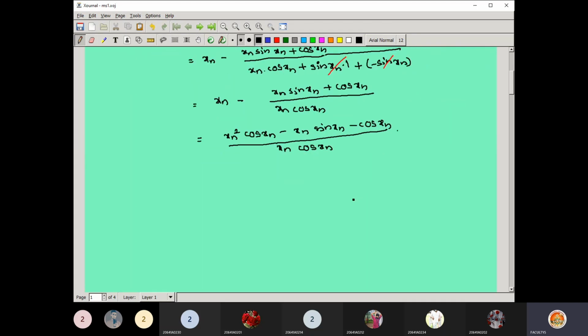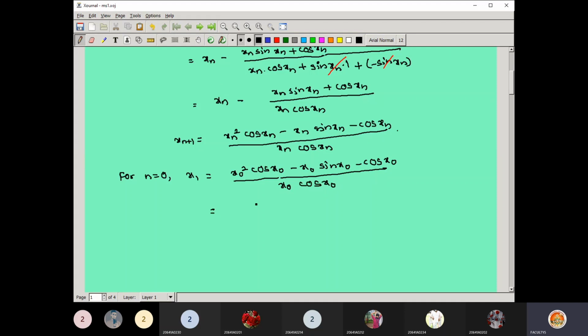Now here you are substituting the different values for n. Finally, for n equal to 0, starting with 0, x1 equals x naught square cos x naught minus x naught sin x naught minus cos x naught, overall divided by x naught cos x naught.